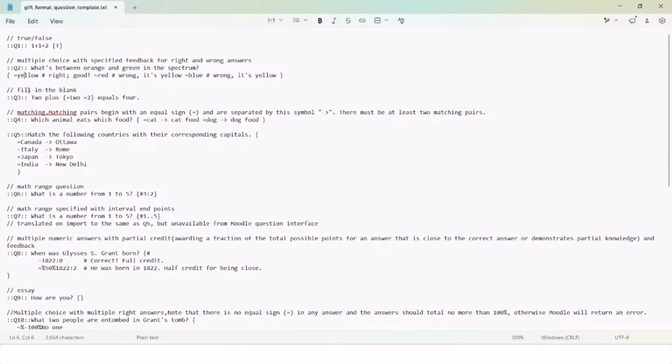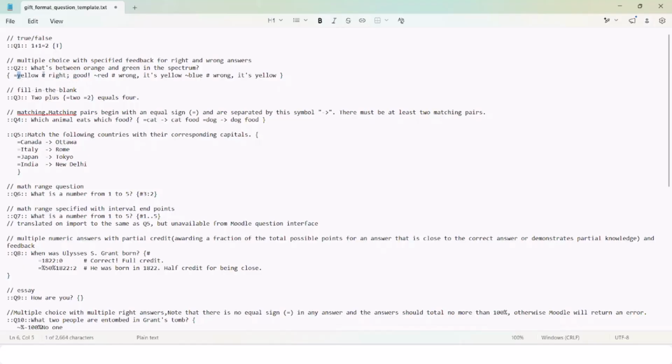Now this being a multiple choice, remember we said you put the equal sign on the correct choice. The correct answer here is yellow, and then the hash, then the specific feedback for this choice.